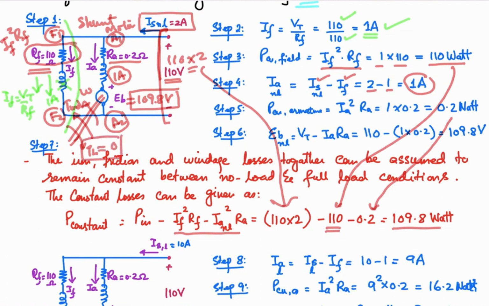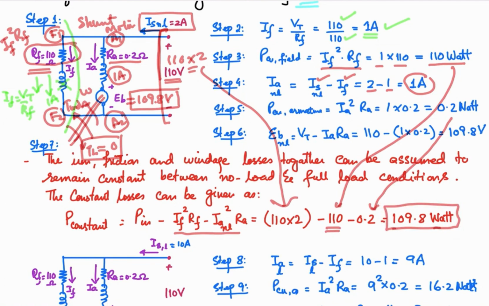That is the power that is lost in the core and as friction or windage. So that will remain constant, either it's a no load or the full load state. When you apply the load, more current will be drawn from your armature to provide power to the load, and that will be drawn in addition to overcoming the frictional losses, windage losses, and the iron losses in your machine.